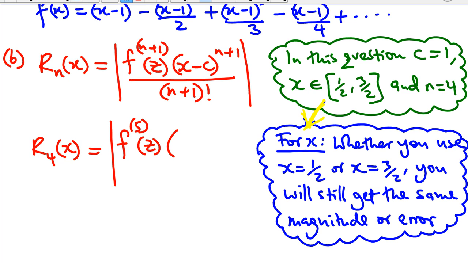Remember, a half minus 1 is negative a half, and the absolute value of that is just a half. 3 over 2 minus 1 is a half. So we'll stick with 3 over 2. So (3 over 2 minus 1) to the power 5 over 5 factorial.